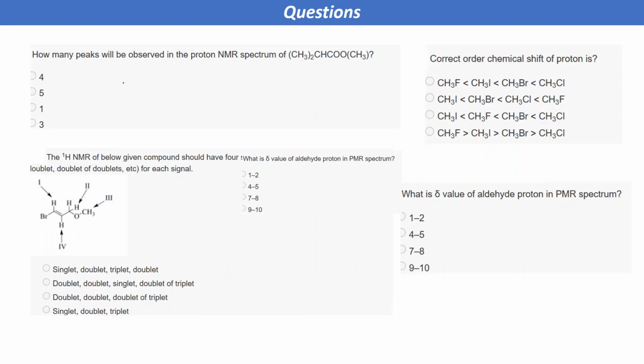Now the next question. How many peaks will be observed in the proton NMR spectrum of (CH3)2CH-? I can draw the structure.